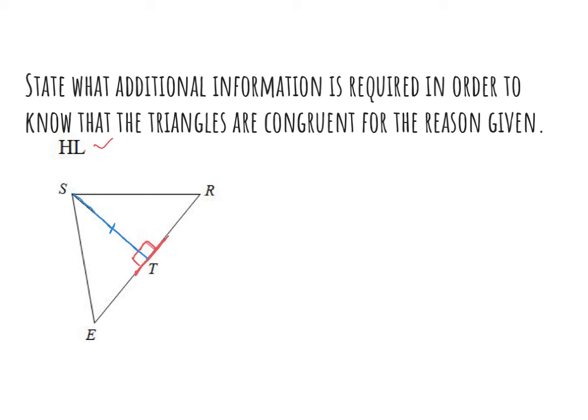So the hypotenuse would be that side that's opposite of the right angle. So that means that these two sides would be the hypotenuse, meaning that the blue side that's shared is the leg. So we have the leg. In order to make these two triangles congruent, we need a statement saying that SE, the hypotenuse, is congruent to SR, the other hypotenuse.